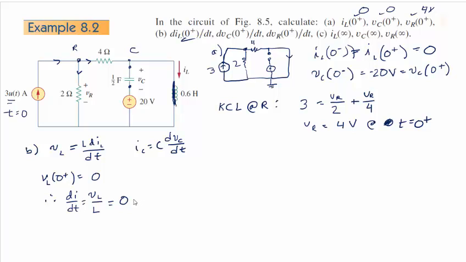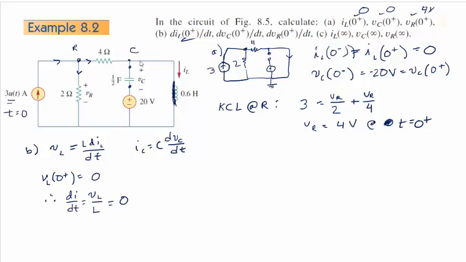So now let's look at the capacitor one. What do we know about I sub C? Current can change instantly here, right? Well, we know the voltage at that time, but we don't know the rate of change of current, because this capacitor starts doing something as soon as this circuit is turned on at time 0 plus.